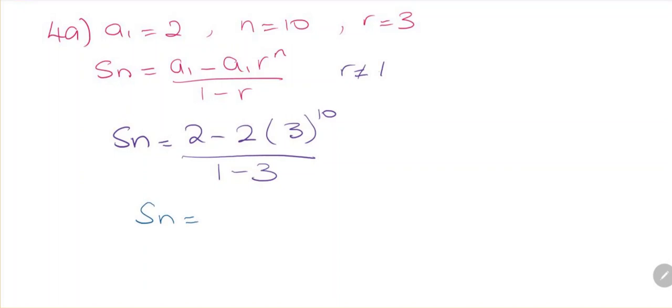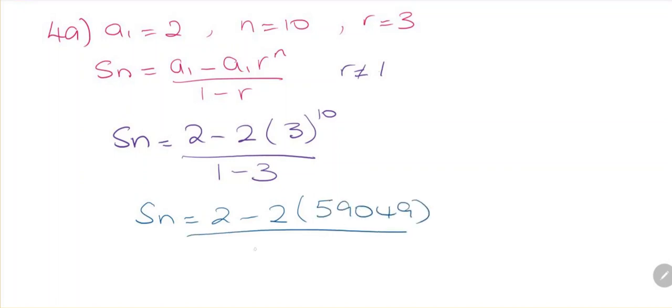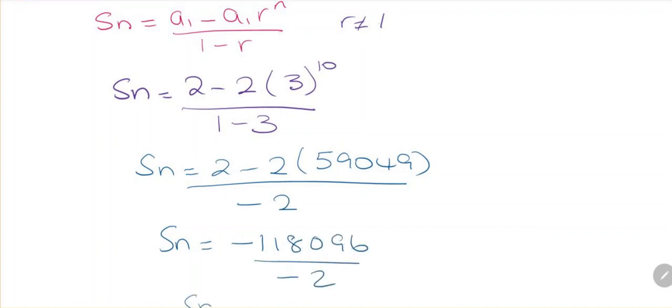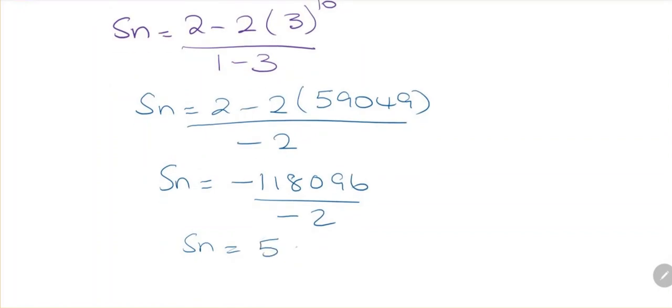So we have 2 minus 2 times 3 to the power of 10. So this is 59049. And this is divided by minus 2. And I'm just going to put these values into my calculator. And I will have minus 118096 divided by minus 2, which is 59,048.